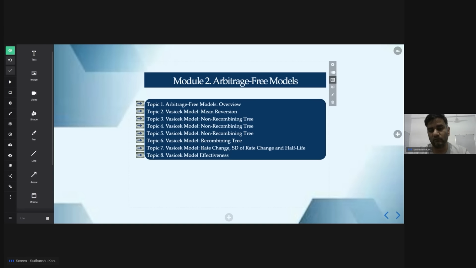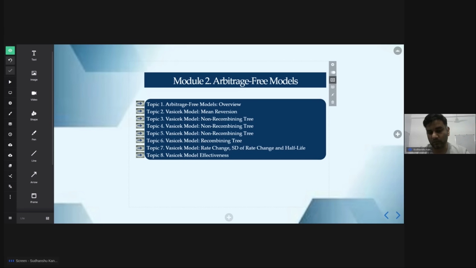Early Vasicek tree versions don't recombine: an up then down, which we saw in the drift models, is not equal to a down then up. This makes them computationally very heavy. From the exam perspective, recombining trees are preferred because there are fewer nodes and simpler calibration, but when trees don't recombine, it becomes very difficult.